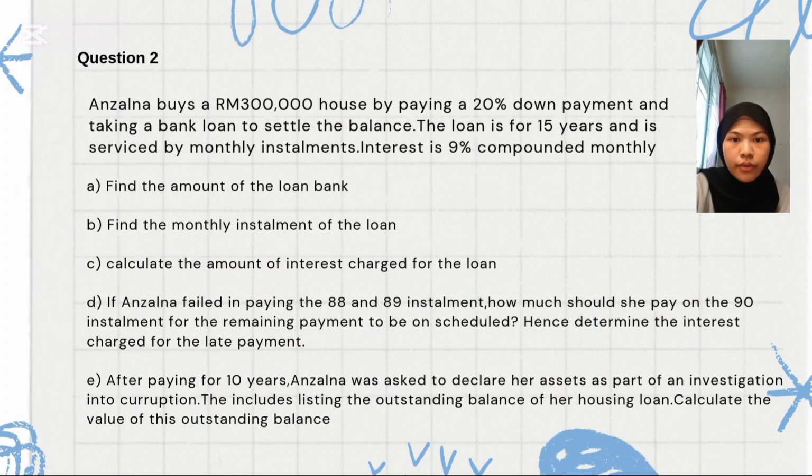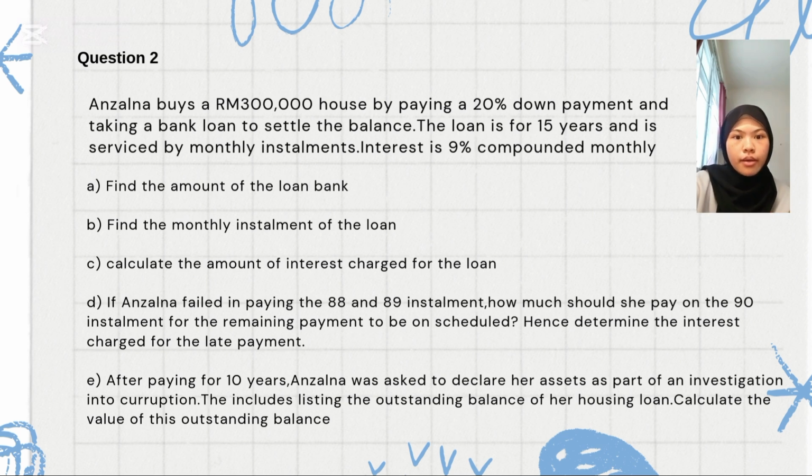Question 2. Anzana buys a RM 300,000 house by paying a 20% down payment and taking a bank loan to settle the balance. The loan is for 15 years and is serviced by monthly installment. Interest is 9% compounded monthly. So for question A, find the amount of the loan.